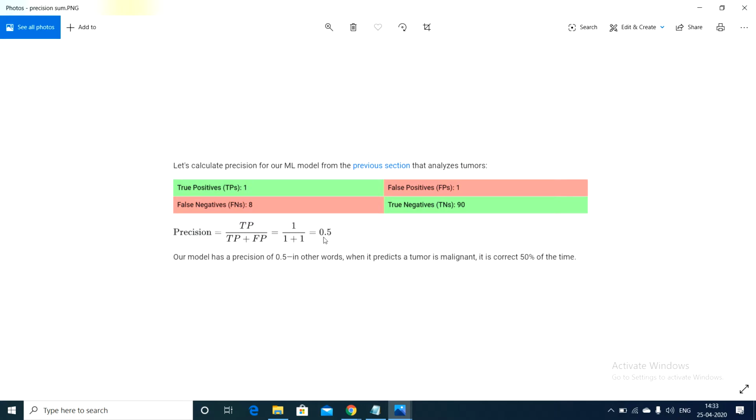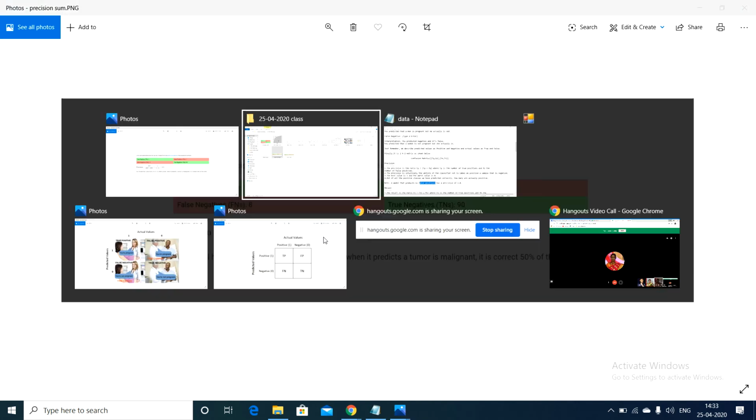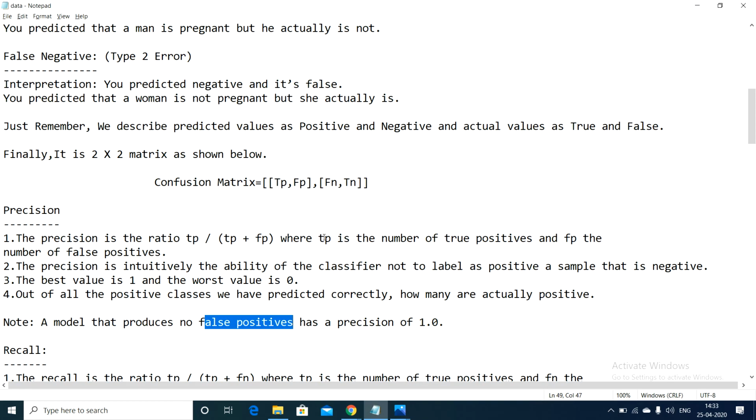That is equal to 0.5, so it is 50% precision. If precision lies between 0 and 1, and it is 1, it is a better value. Here only 50% of the predicted positive cases are actually true positive. So this is about precision: precision is the ratio of TP by TP plus FP. Thank you.